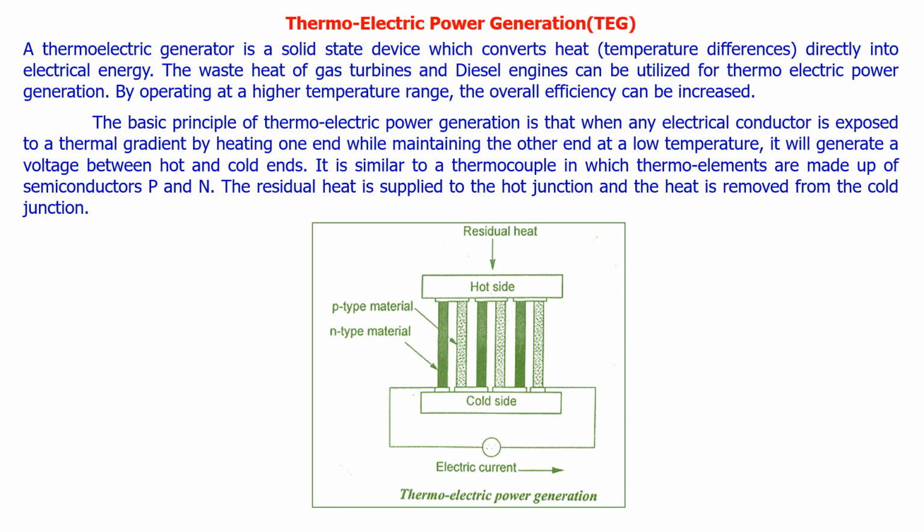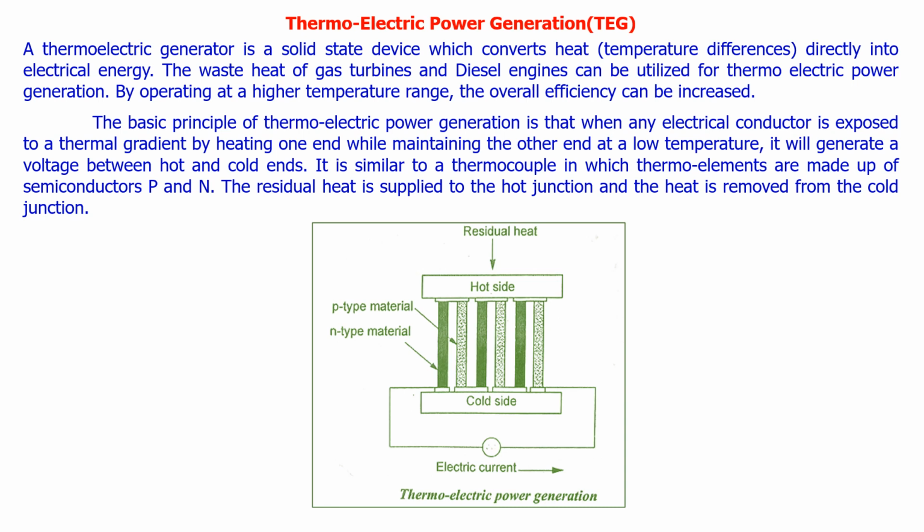When an electrical conductor is exposed to a thermal gradient, that is a temperature difference, by heating one end and maintaining a lower temperature at the other end, one end is at high temperature and the other end is at lower temperature. It will generate a voltage between the hot and cold ends. That's the concept of thermoelectric.